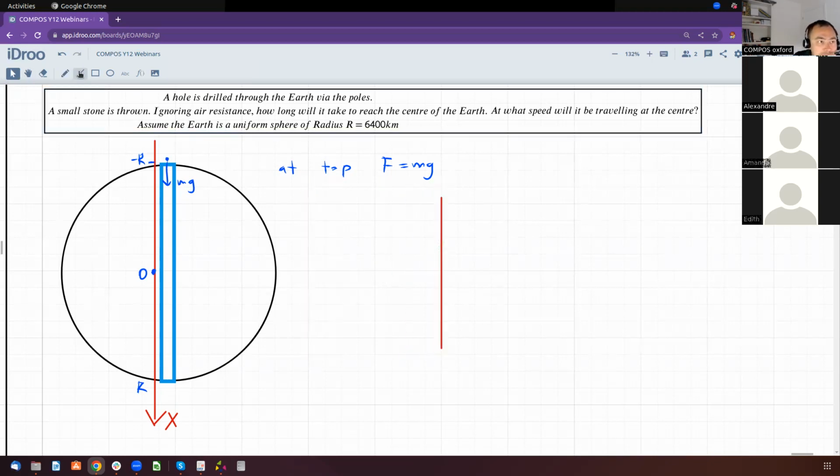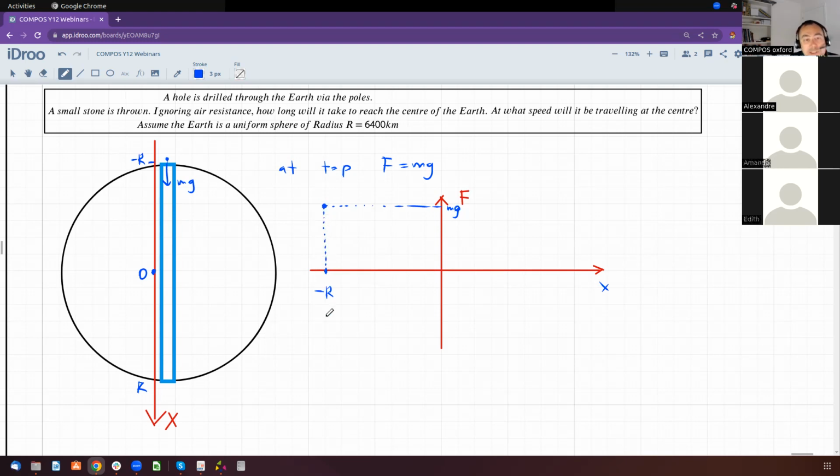This is the force, and this is the x-axis. So we know that when the distance is minus r, the force is mg. What do you think would happen? What is the force when x is 0?